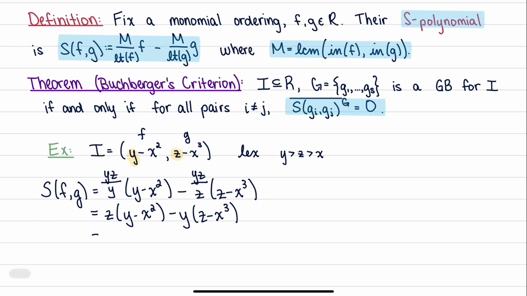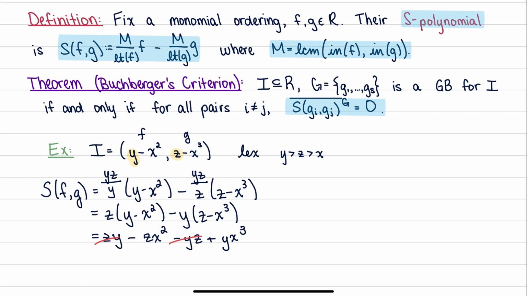And let's see, we've got zy minus zx squared minus yz. Oh, I guess I should have written the other one, yz squared. Oh well. Plus yx cubed. And we're commutative here, so this order doesn't really matter.